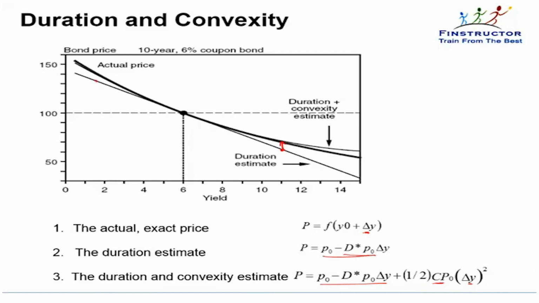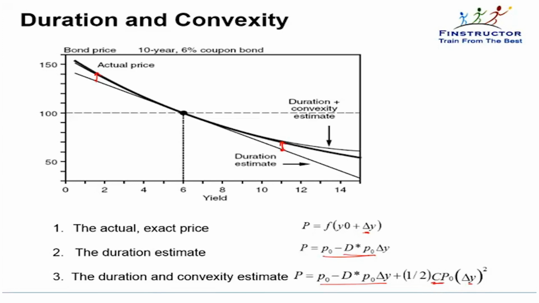Convexity will always be a positive number for straight bonds, or the bonds that we are studying. Why? You can see here also, delta y being negative or positive, this is a delta y squared, so it will always be a positive addition. C is always positive. For regular bonds that we are studying, convexity is always positive.